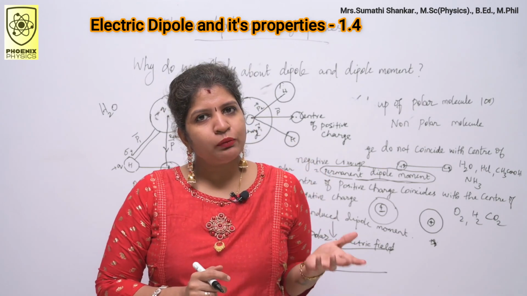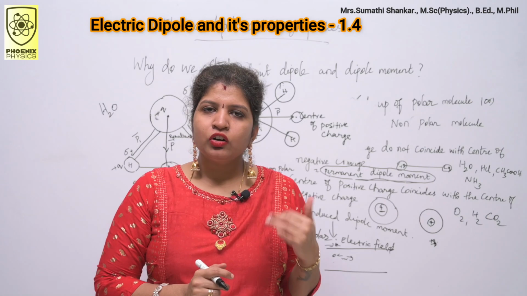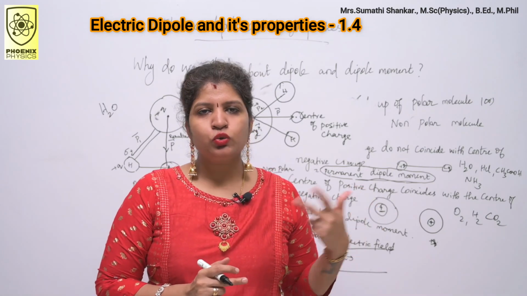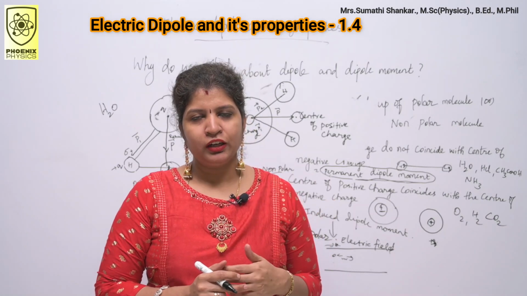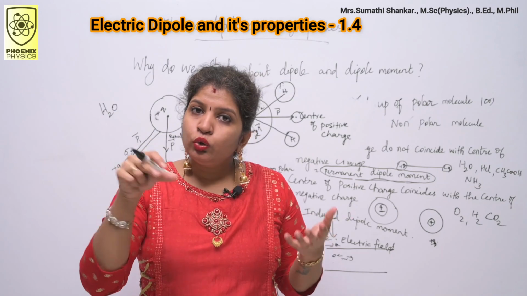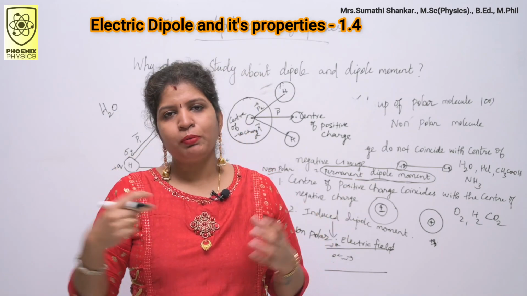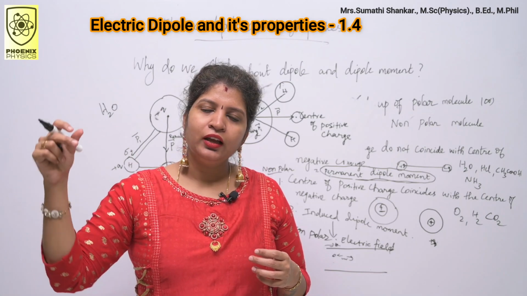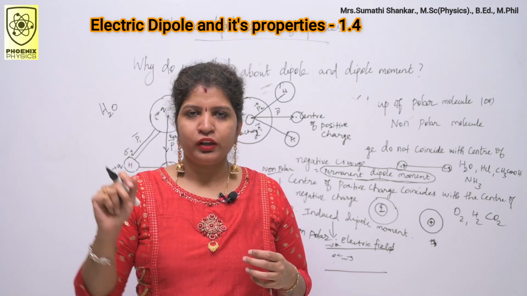Why do we study dipole and dipole moment? If you want to find out the molecular structure, we need these two terms, dipole and dipole moment. Polar molecule means the center of the negative charge does not coincide with the center of the positive charge. Examples are H2O, then HCl, CH3COH and ammonia.